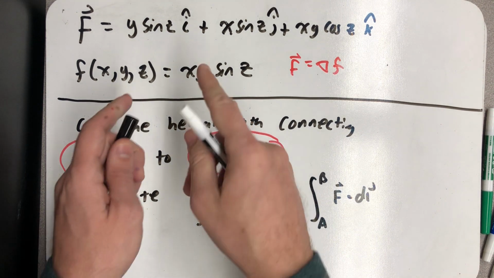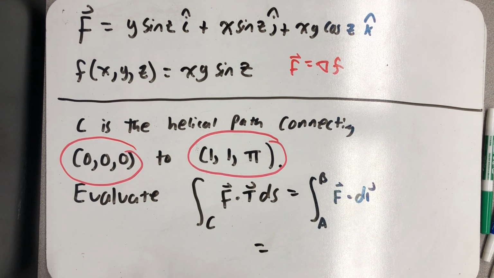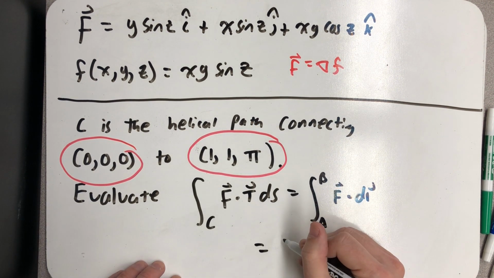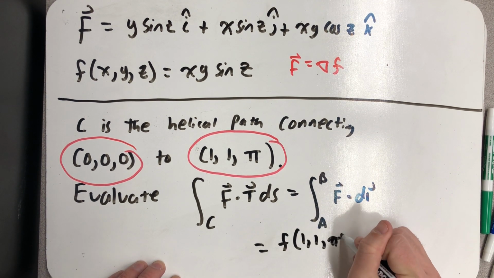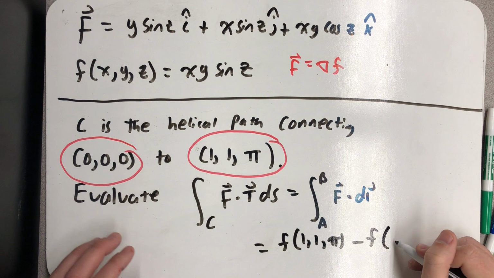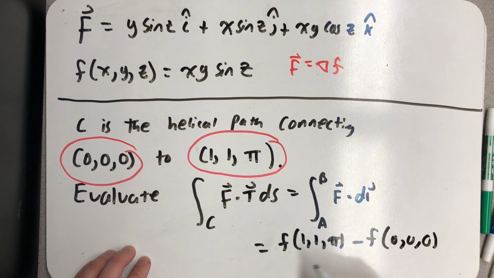And all I have to do is evaluate my potential function at those two points. So I'd have f of (1, 1, pi) minus f of (0, 0, 0).